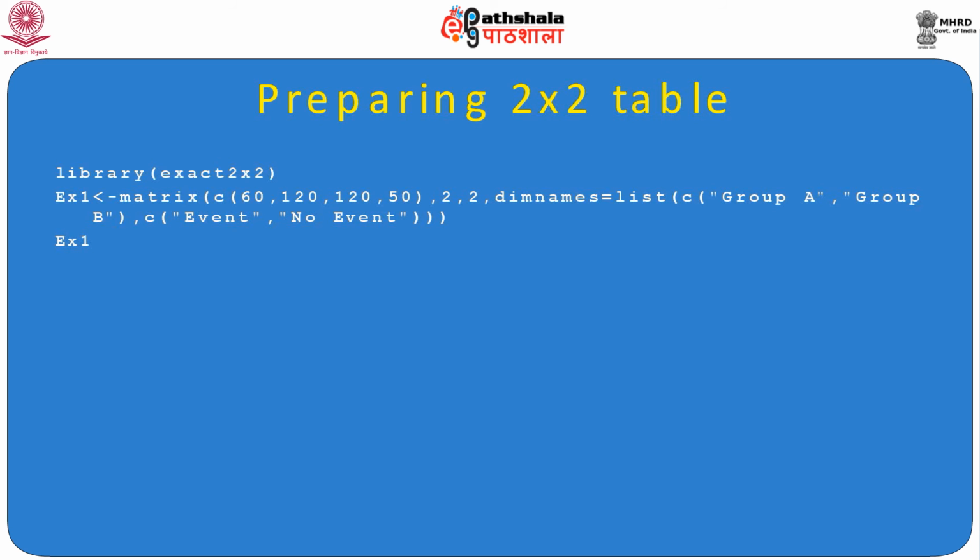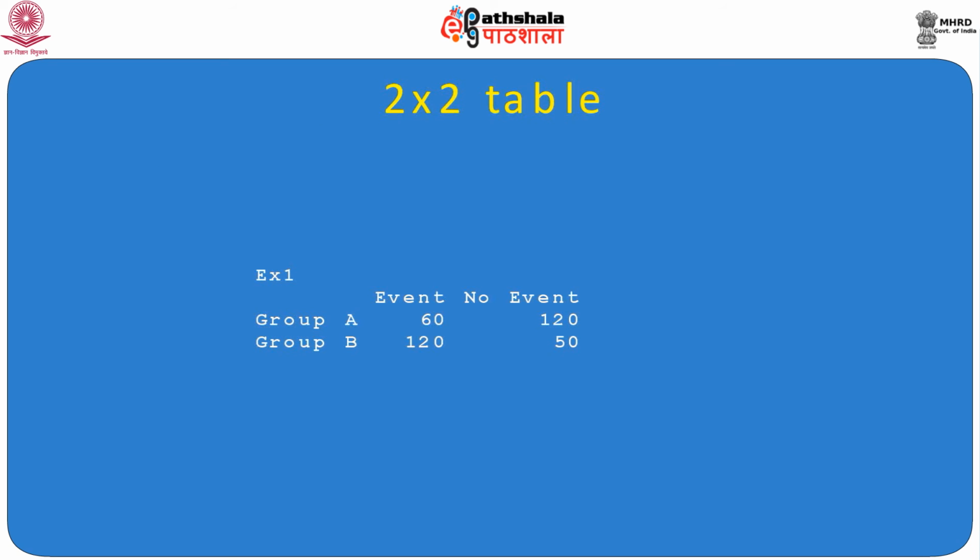The matrix function again can be compatible with this library, and we are using the first cell value as 60, first row second column value 120, second row first column value as 120 and second row second column value as 50, with row names group A and group B, and column names event and no event, and this is the result obtained for group A and group B, and event and no event.